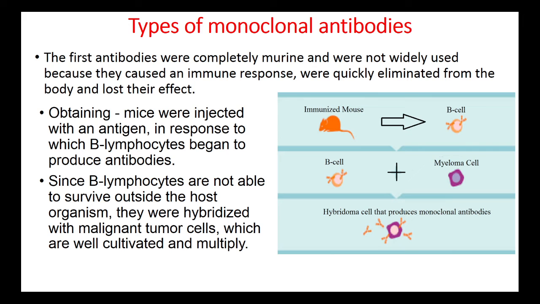It is a tumor from B cells, and you remember all tumors make many divisions, and if you make a hybridoma, combining these properties and this structure, it will be hybridoma cells that produce monoclonal antibody.